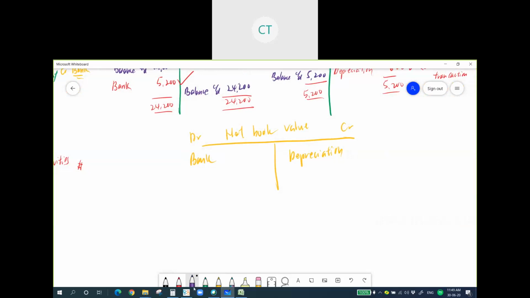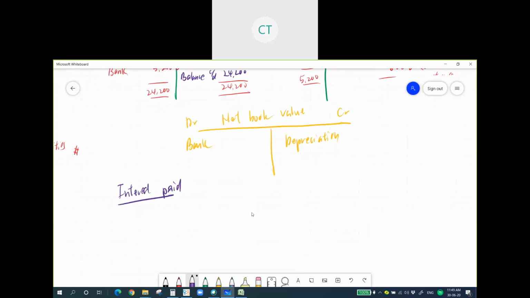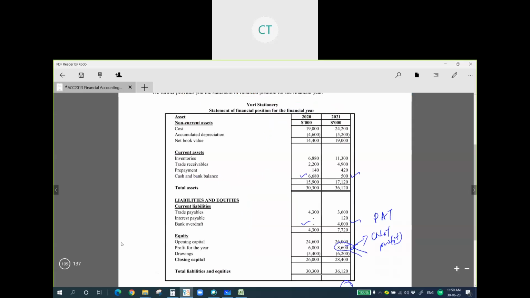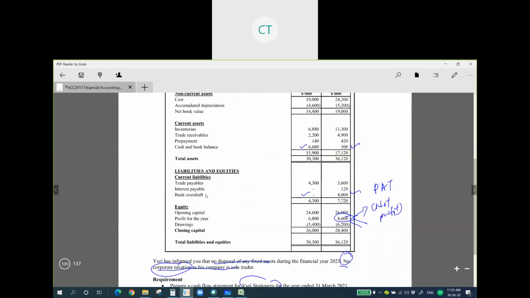The next section is talking about interest paid. We have to find out the interest paid amount. For the interest paid, we have to draw one ledger. This ledger is the interest payable account. So we go to our textbook to have a look at our interest payable.